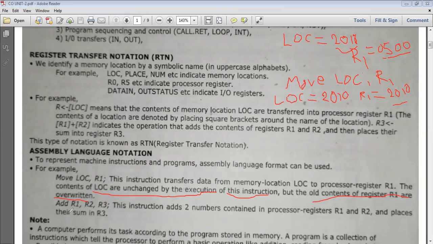The next example is Add R1, R2, R3. What is the meaning here? R3 equals R1 plus R2.